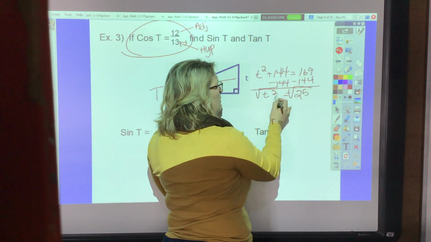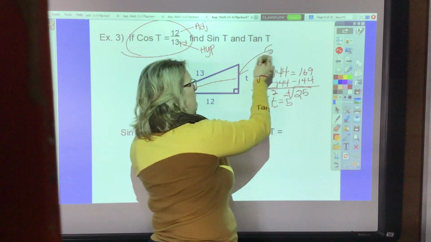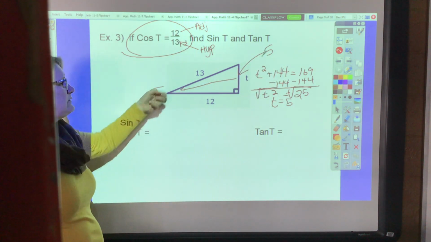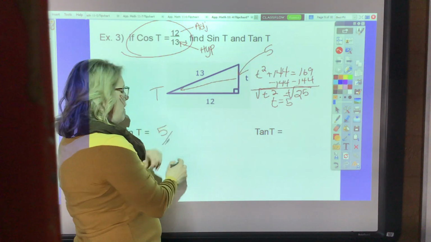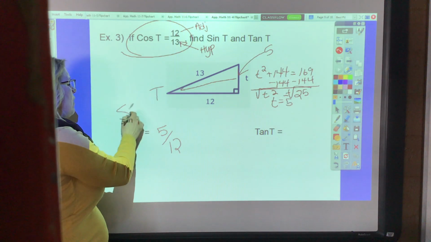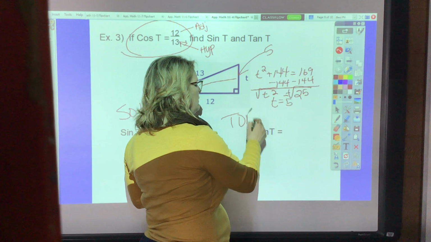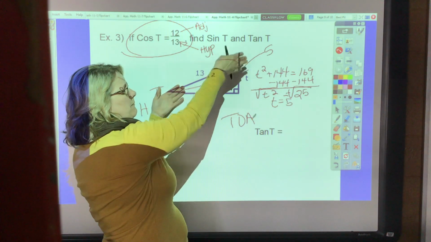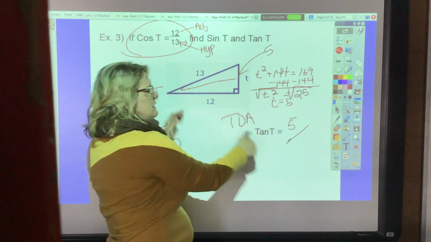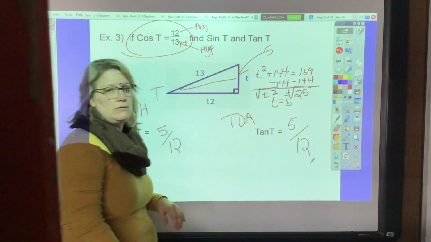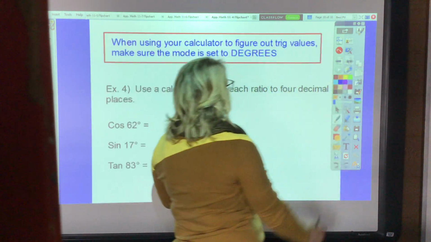Square root of each side, t is equal to 5. Now that I know this side is 5, I can fill these out. Sine of t is opposite, which is 5, over hypotenuse. Tangent is TOA, so at t, I want my opposite side, which is 5, over my adjacent side, which is 12. So this gives me the fractional value of those trig functions.